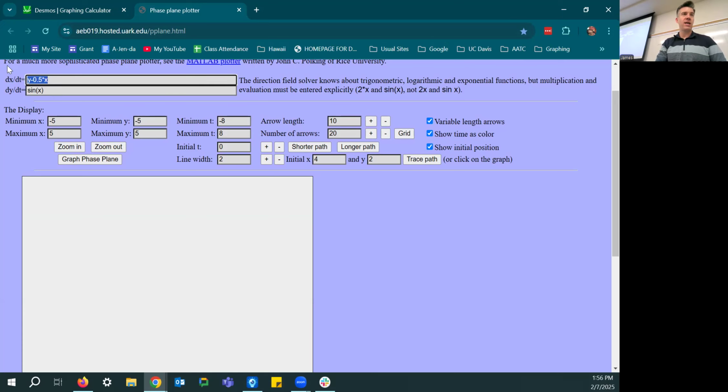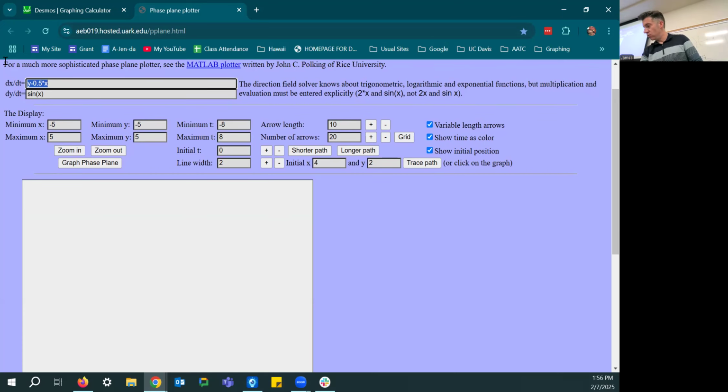So dx/dt equals negative x1 plus 2x2, or negative x plus 2 times y. For this one, you have to write the star symbol for multiplication. And then negative 3x1, so negative 3x plus 4 times y. And then you graph the phase plane.